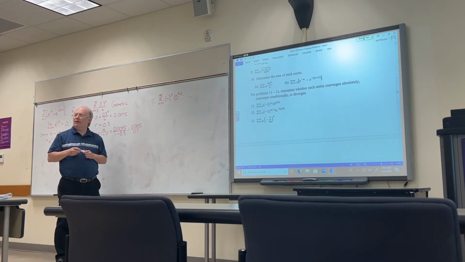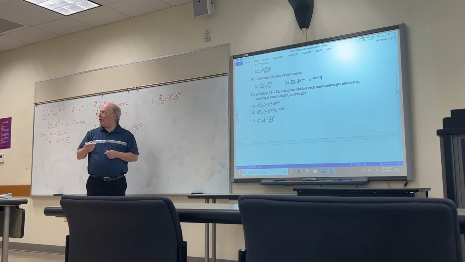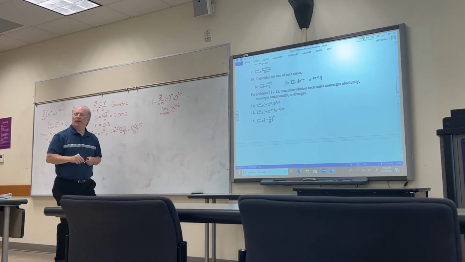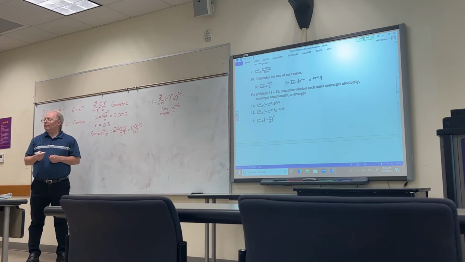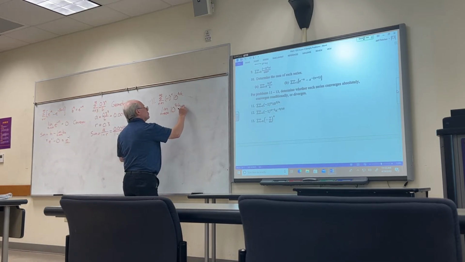Yeah, we just take the limit of the terms without the power of negative 1. So we want to take the limit as n goes to infinity of 10 to the 2 over n. So what are we going to get there as n goes to infinity? 1. Yeah, because 2 over n is going to go to 0, so we're going to have 10 to the 0, which is 1.